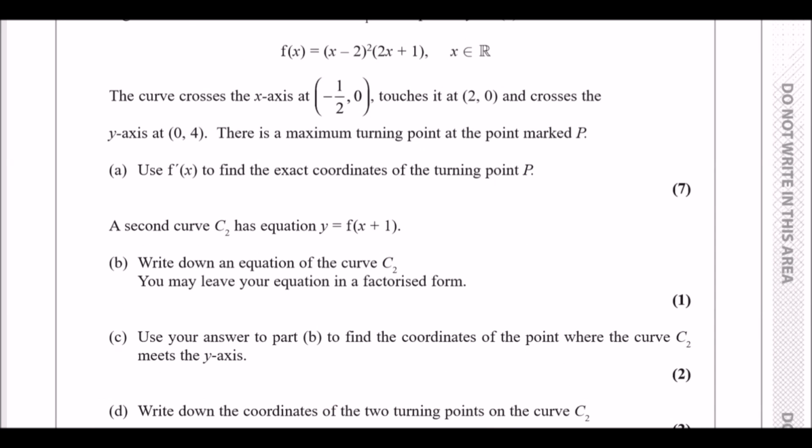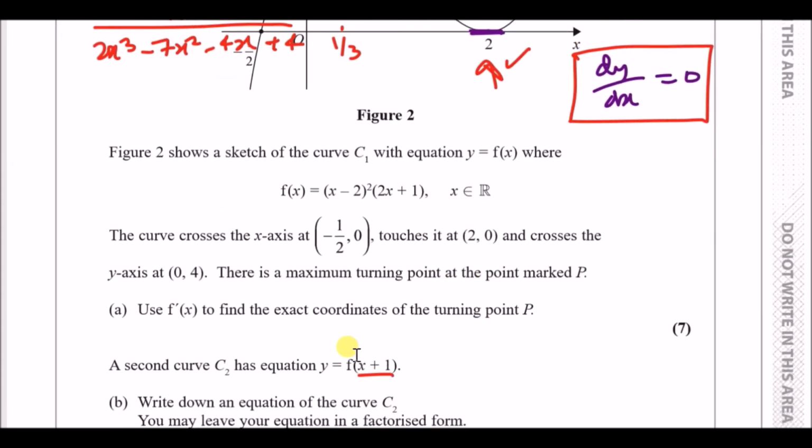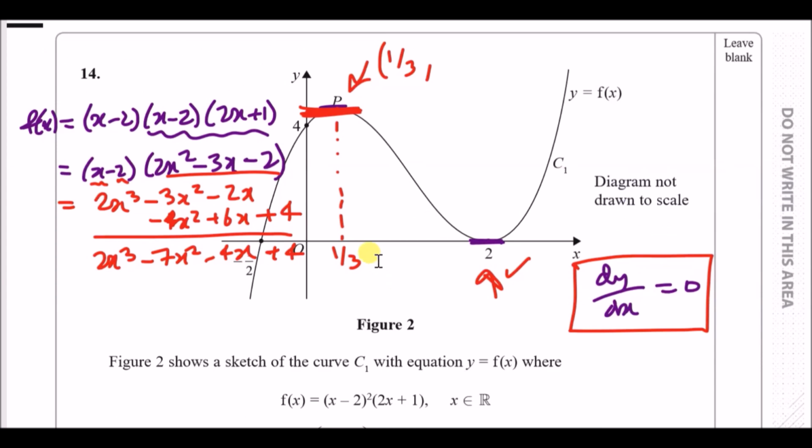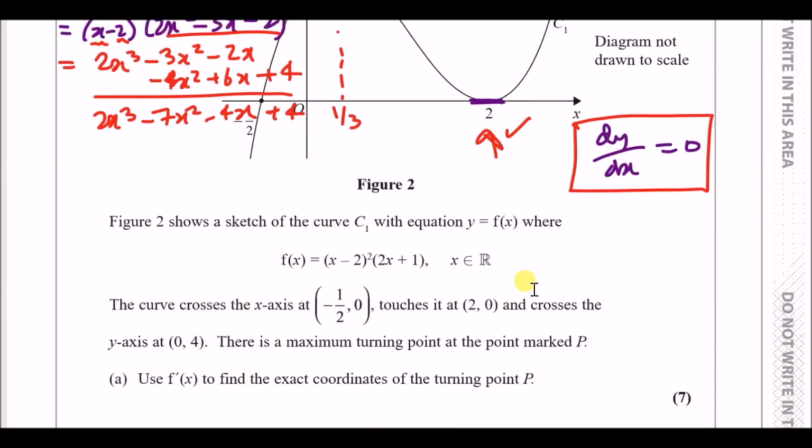Okay, part B. A second curve C2 has the equation y equals f of x plus 1, where now x has been replaced with x plus 1. What that actually means is that you literally replace these x values with x plus 1. Graphically, if it's a plus something in the bracket, this means you shift all the x values by 1 to the left.